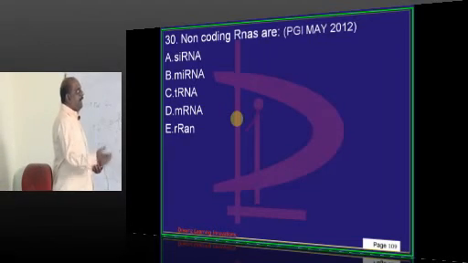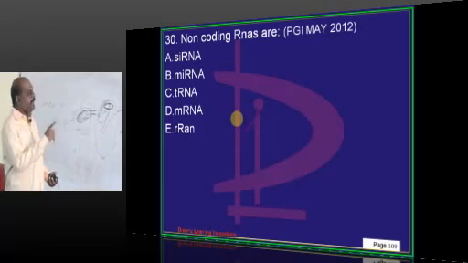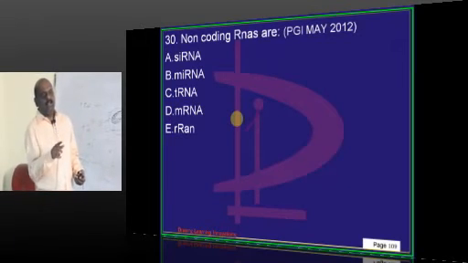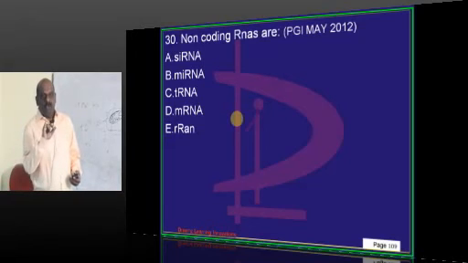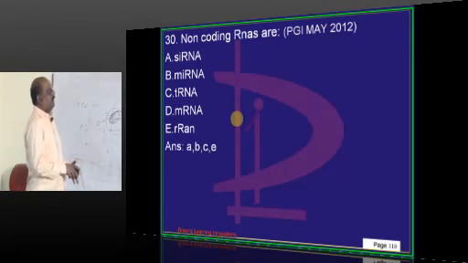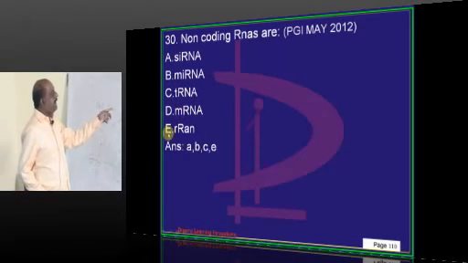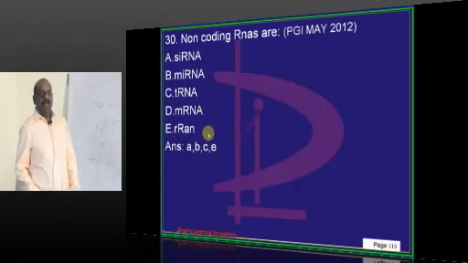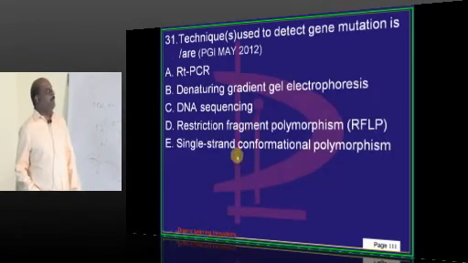What are the non-coding RNAs? I told you, no, recent, is this question over? Last time we discussed some of the questions of PGI May 2012, but let me tell you, doctor, we only know tRNA, mRNA, rRNA, but there are some atypical RNAs which are the favorite area for the examiner. So siRNA, miRNA and tRNA, rRNA, they are all called non-coding because mRNA is the only coding RNA, simple common sense.